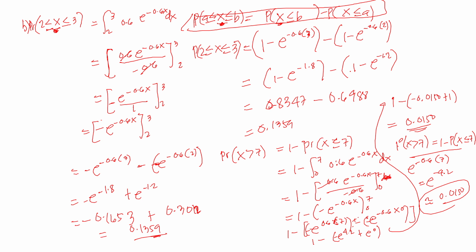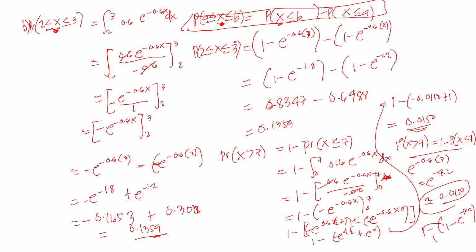Alright, so why is it e raised to negative 0.6? Because 1 minus, this is 1 minus e raised to negative lambda x.